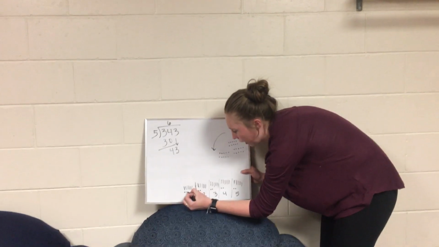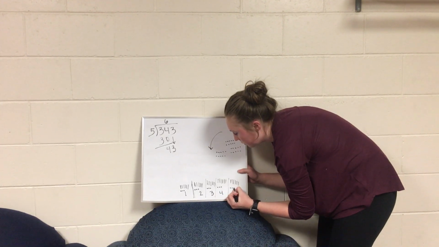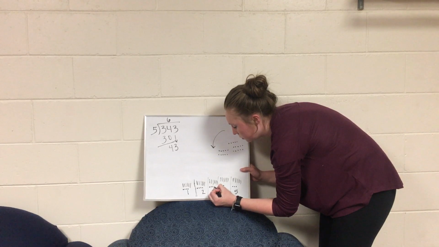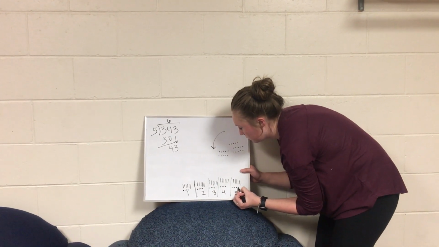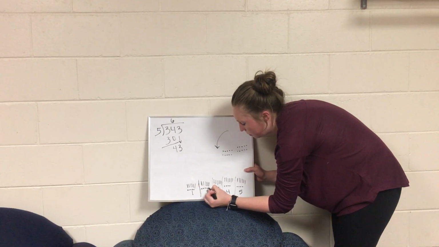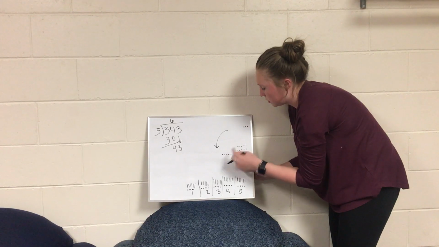And we're going to keep doing that until we have used all of our ones. So we're adding 1 one into each group, and we want to make sure that all of our groups are evenly distributed.